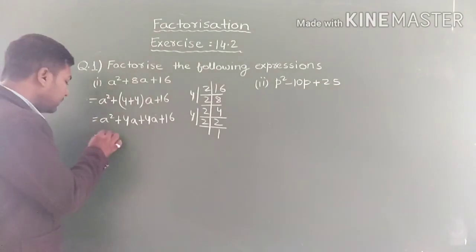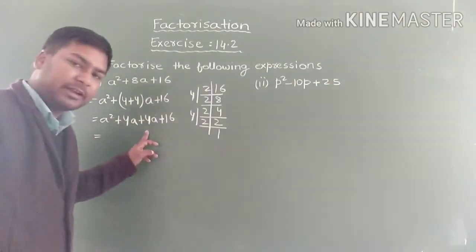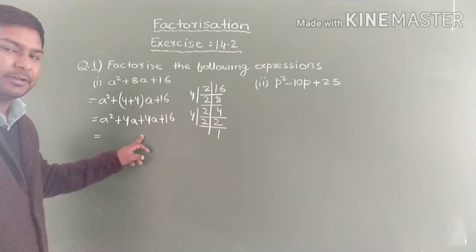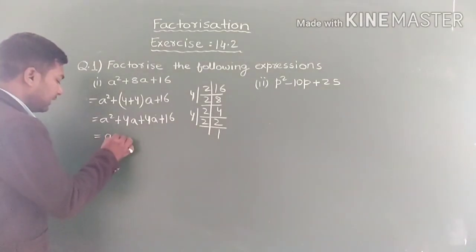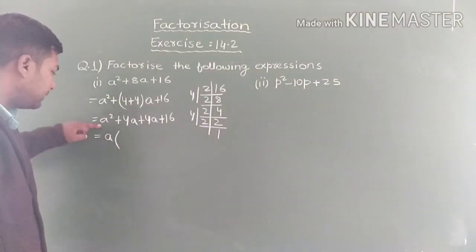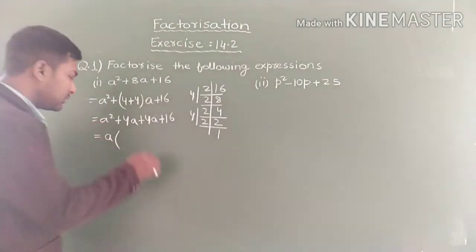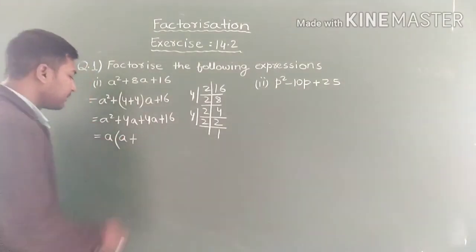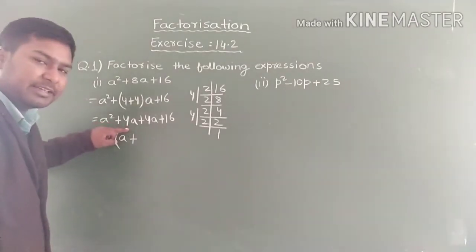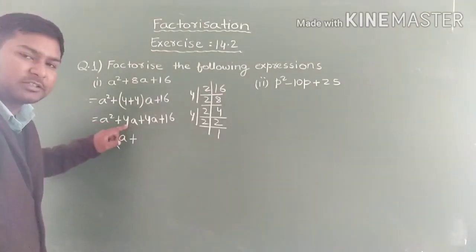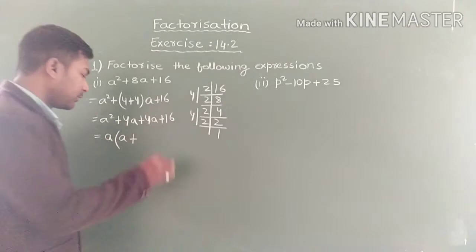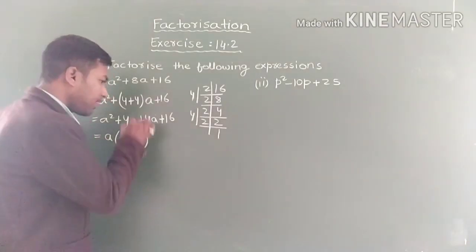What is common over here? A is common. So just take common a. What is left in a square? One a is left. Just write a plus, in the second term 4a is given, a is common, what is left? 4 is left. So it will be 4.